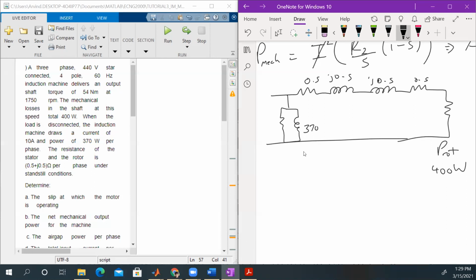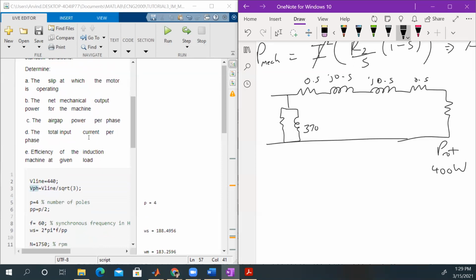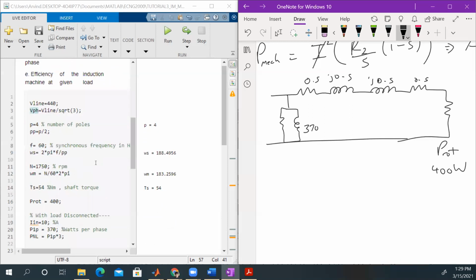So we want, first of all, the slip at which the motor is operating, the mechanical output, the air gap power per phase, total input current per phase, and the efficiency at the given load. So we, again, just declare all our things. We have V line. Now, this is one important thing.